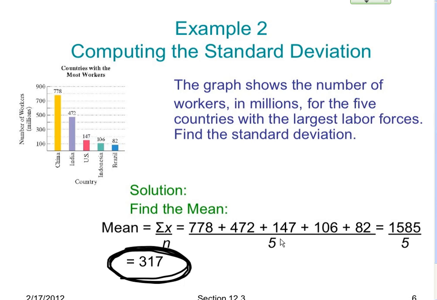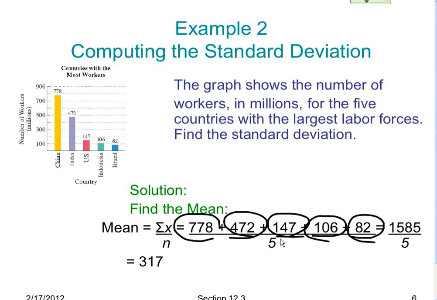Second thing you do is take each of these numbers in turn and subtract the mean. So you're going to have 778 subtract 317. 472 subtract 317. Yes, you have to do it for every single number.